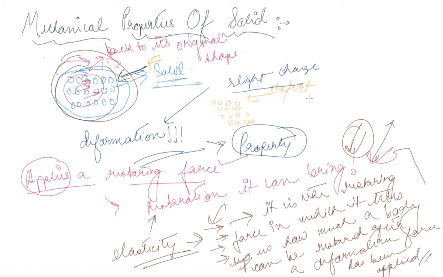Now let's move on to what is opposite of elasticity. Something which is opposite of elasticity is plasticity. So let's understand these two terms, elasticity and plasticity, a bit more elaborately.